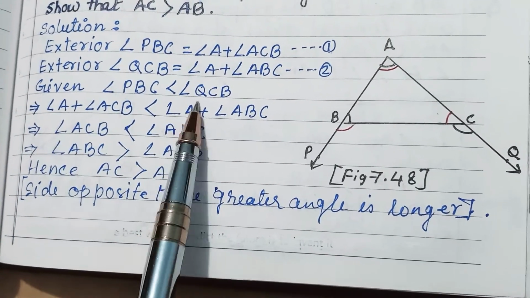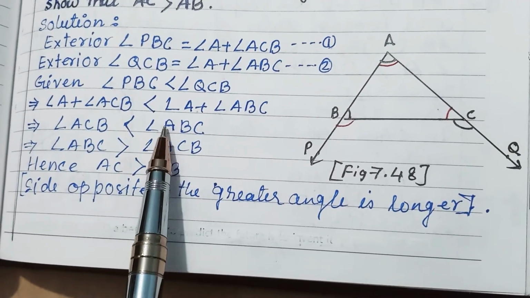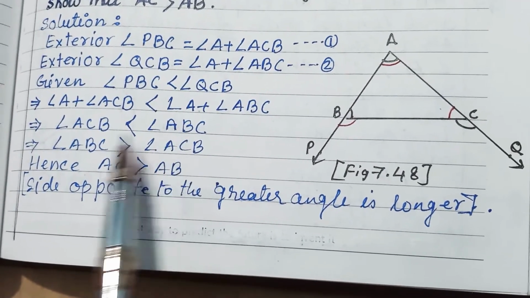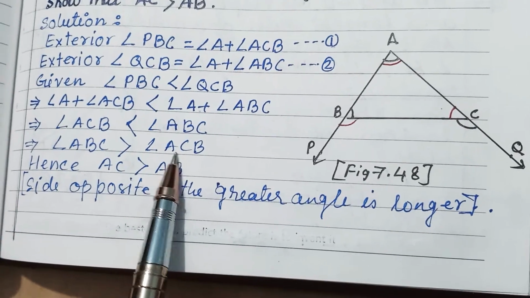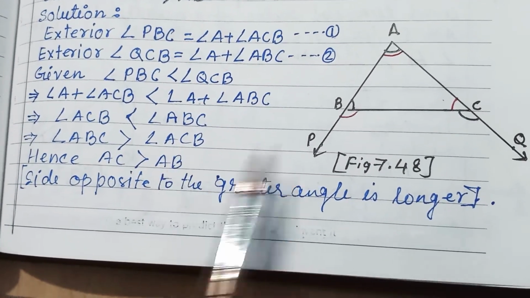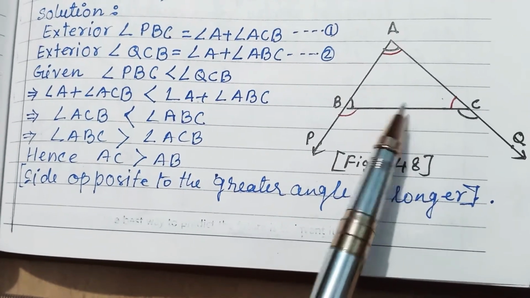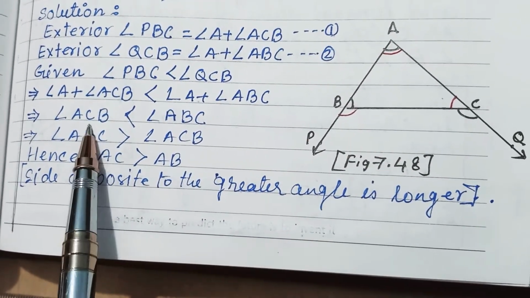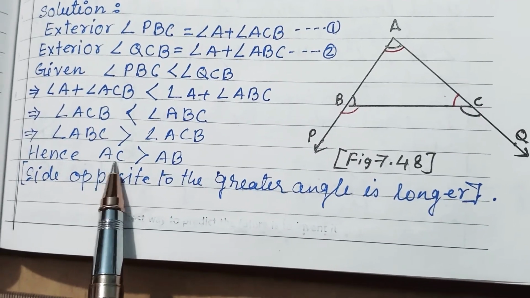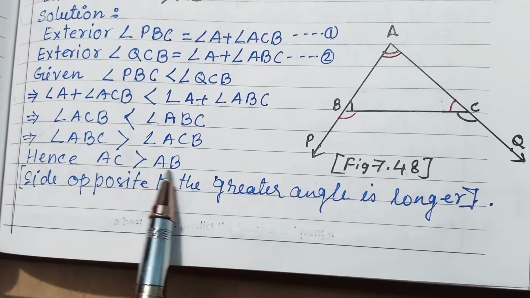Now angle A cancels. So angle ACB is smaller than angle ABC, or ABC is greater than angle ACB. Hence, the side opposite to the greater angle is longer. So AC is longer than AB.